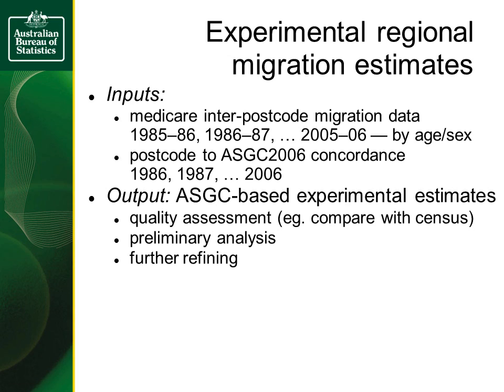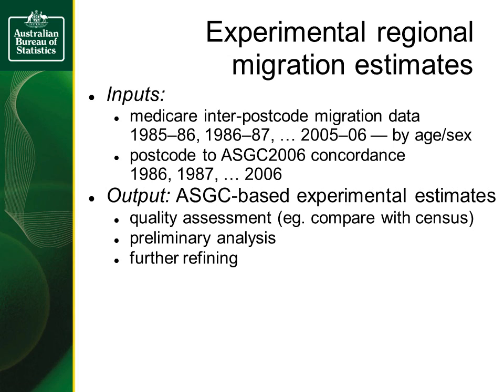The experimental ASGC-based annual series goes from 1985-86 all the way up to 2005-2006. Preparing these Medicare-based migration estimates for 2005-2006 allows us to compare the Medicare data with 2006 census-based migration data.